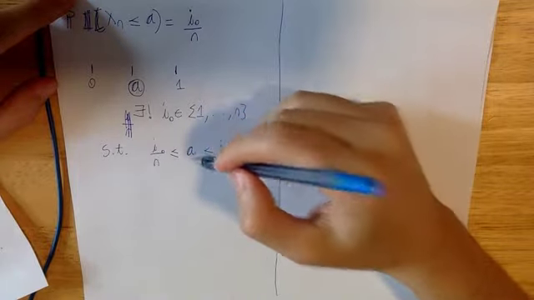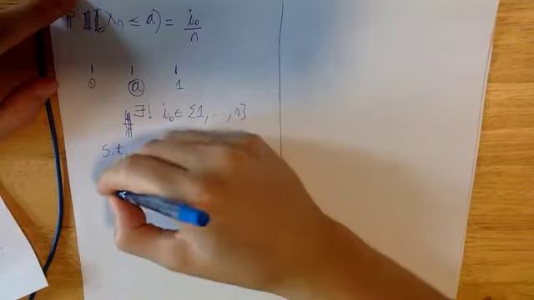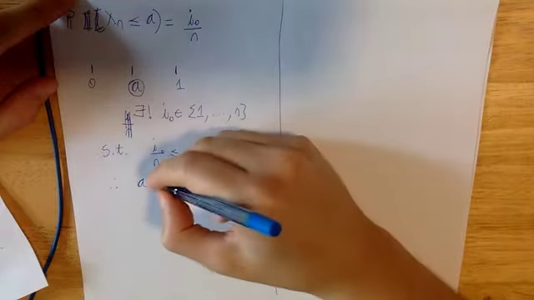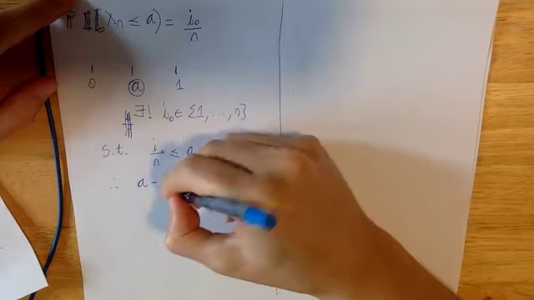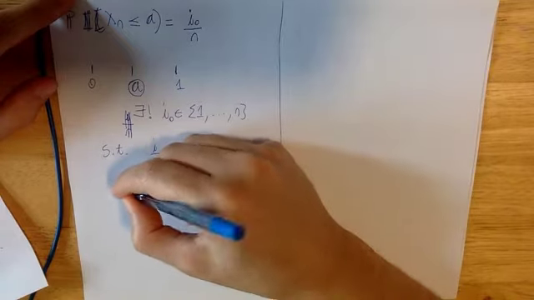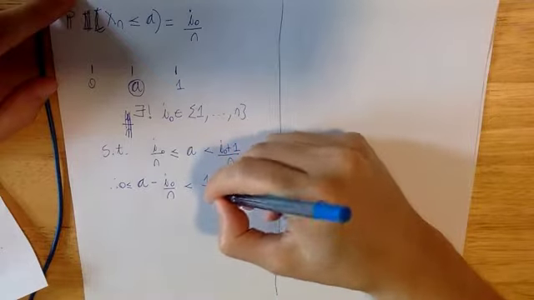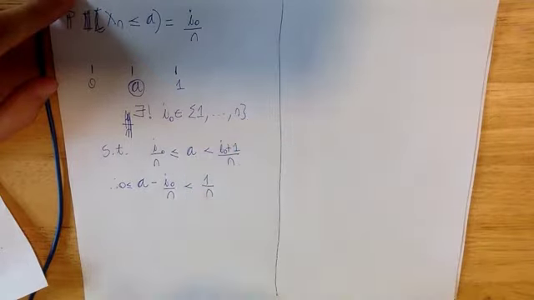So one of the things that you can realize is that A minus i0 over n is going to be positive, and it's less than 1 over n.